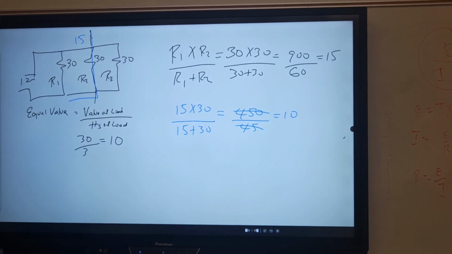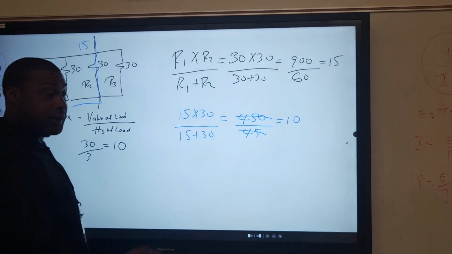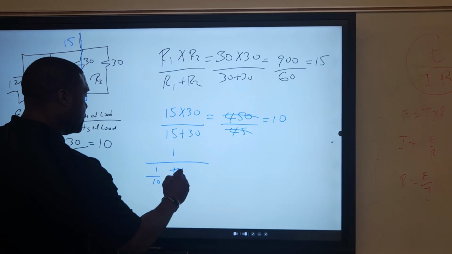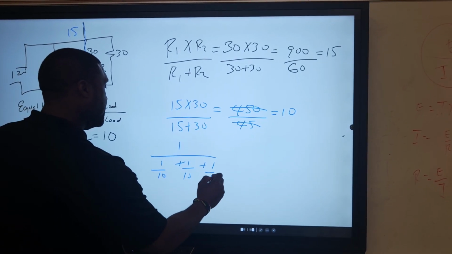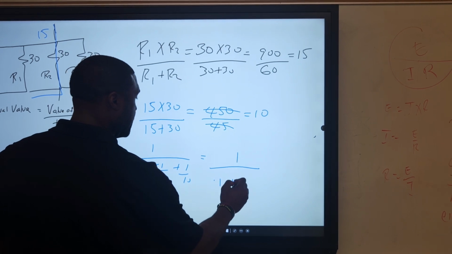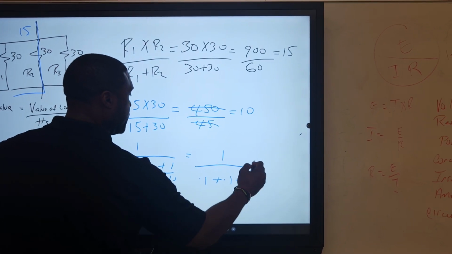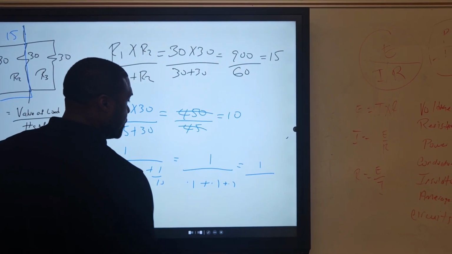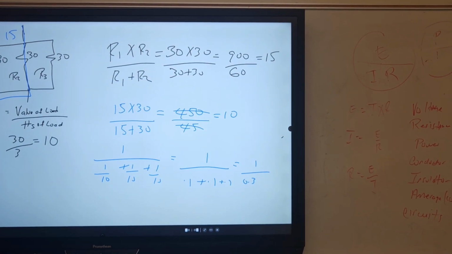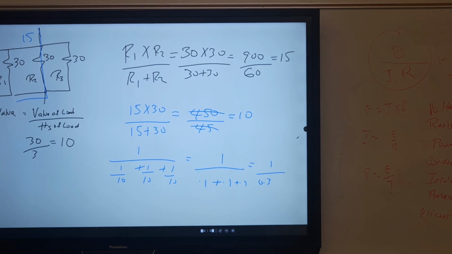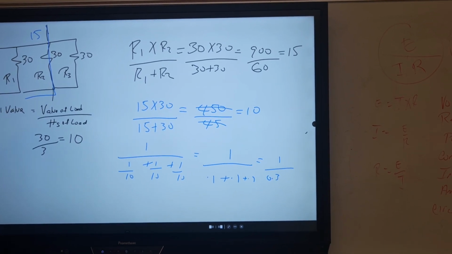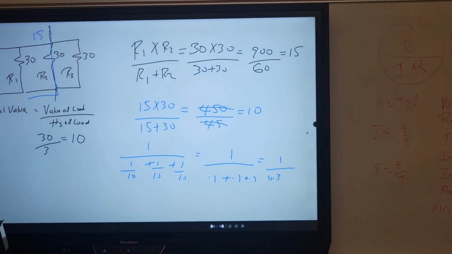Now we can literally use the first formula, which is 1 over 1 over 10 plus 1 over 10 plus 1 over 10, which is equal to 1 over 0.1 plus 0.1 plus 0.1, which is equal to 1 over 0.3. And what's 1 divided by 0.3? 3.333.